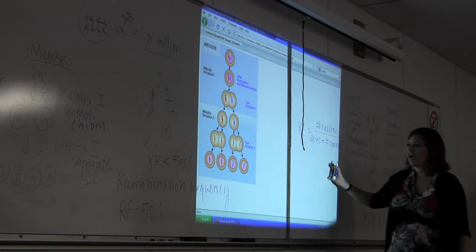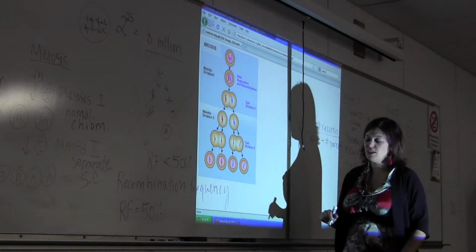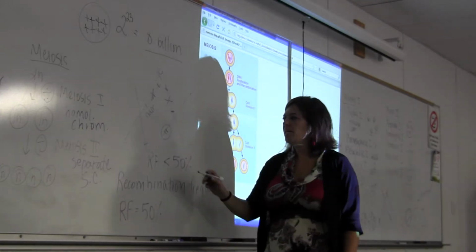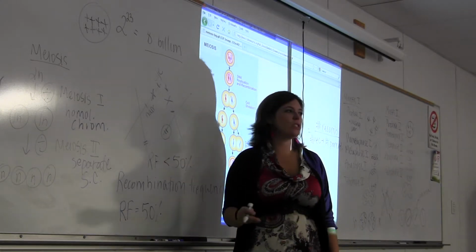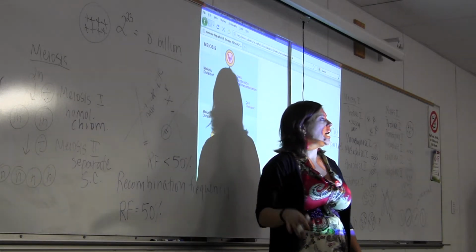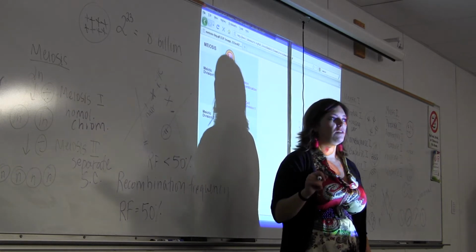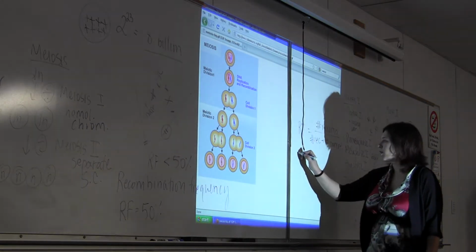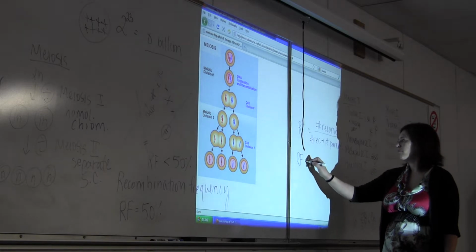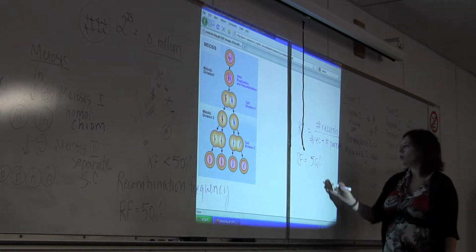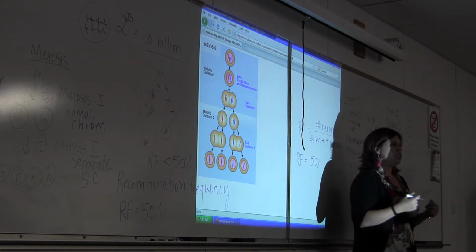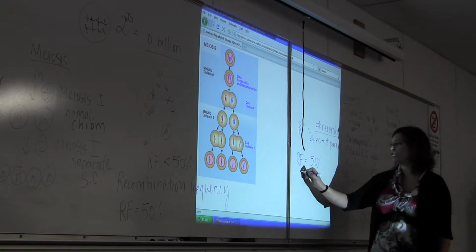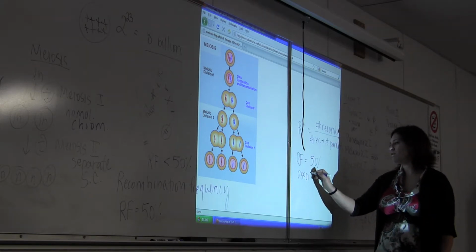And then again, if you have a recombination frequency of less than 50%, that means that these genes are going to be so close to one another that they're not going to be separating from one another. And so when your recombination frequency is 50%, we say that the genes are assorting independently.